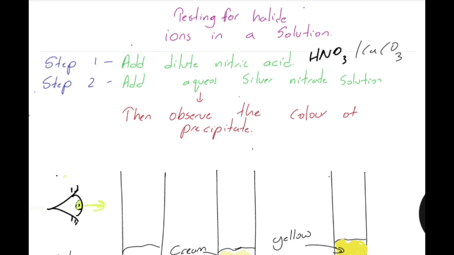If there are more carbonate ions in the solution, it will give false results in this investigation. So by adding dilute nitric acid, we can eliminate this problem.